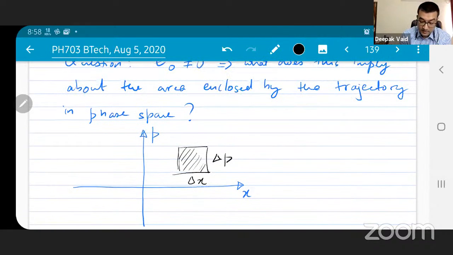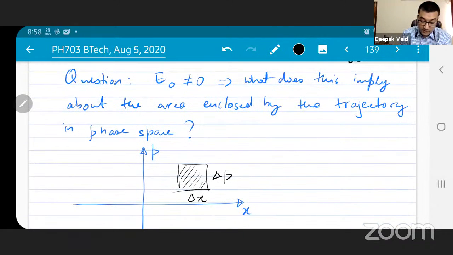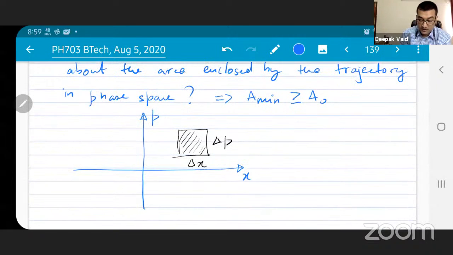So this area A minimum is always greater than or equal to some value A naught. It can never be smaller than that amount A naught. So this tells us that delta x times delta p is always greater than or equal to A naught.